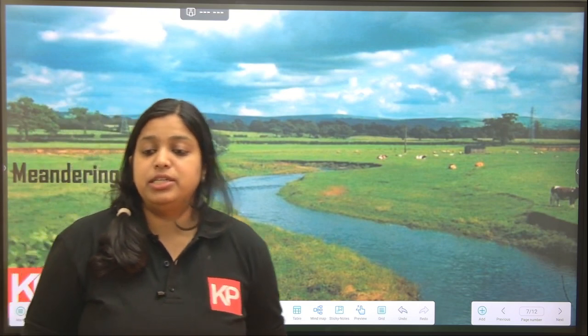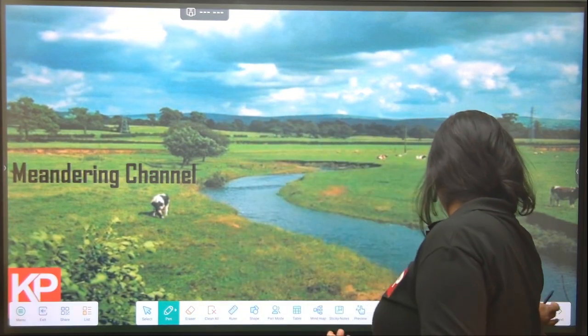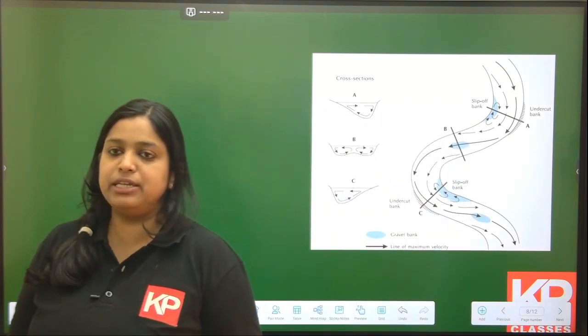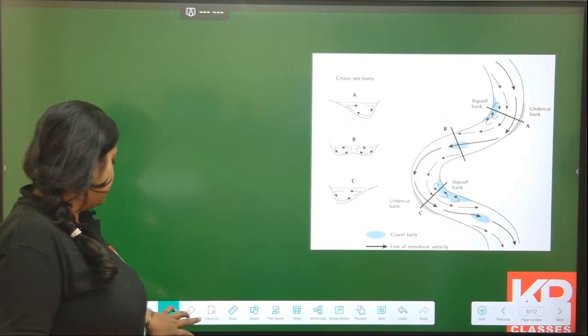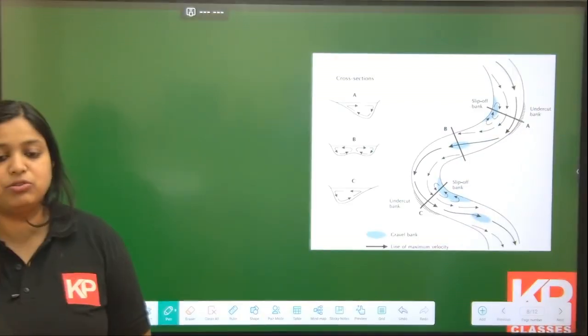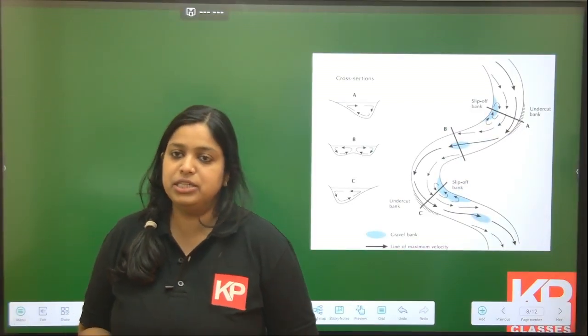Next about the meandering channel. When it comes to the flow pattern of a meandering channel, it has a helical flow. This is a much more technical pictorial representation of the entire fluid hydrodynamics of the meandering channel.